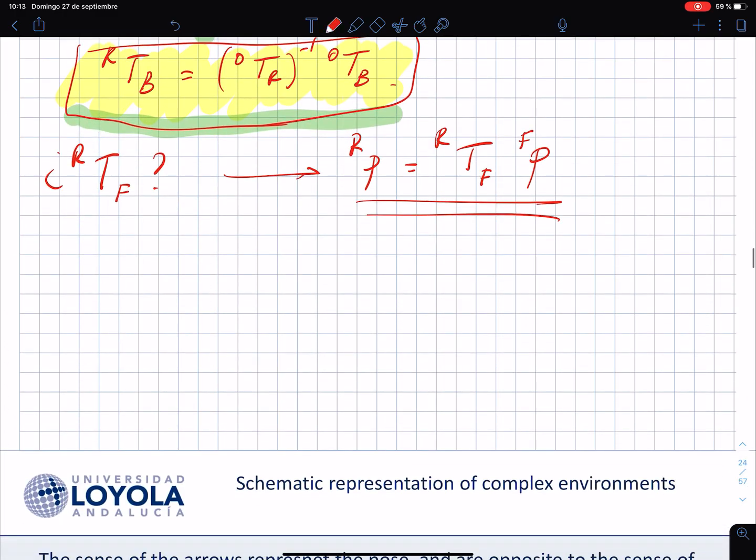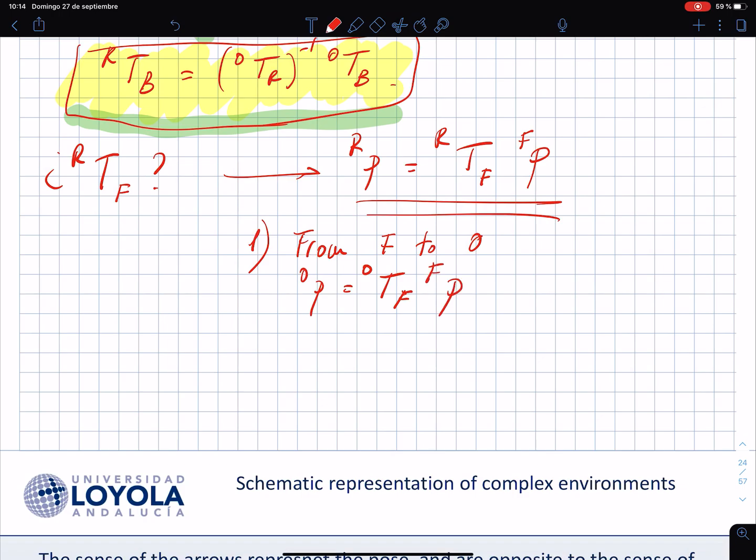So let's first compute the change from F to 0. And this would mean P0 equals T0F PF.